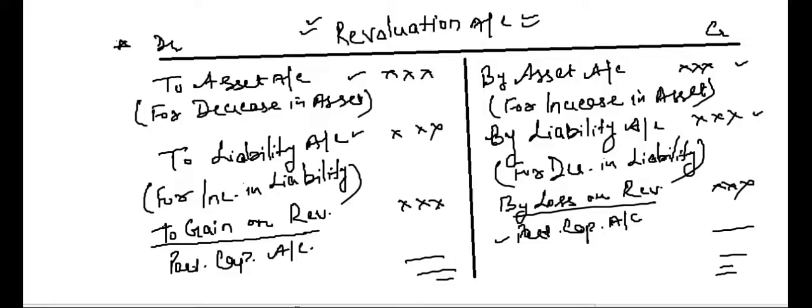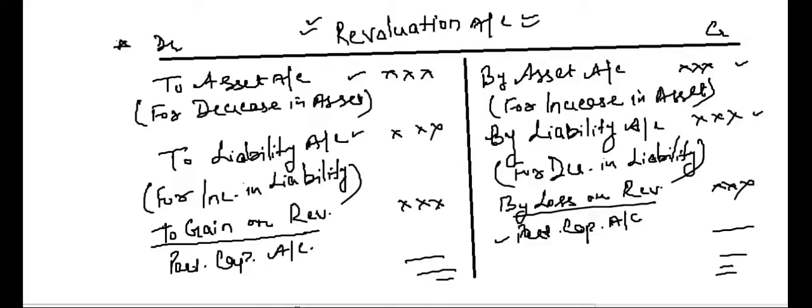For the increase in assets it will be credited, decrease in liabilities will be credited, decrease in assets will be debited. Just remember the journal entries. Increase in asset, asset will be debited, then the other account left is revaluation account, which is to be credited.